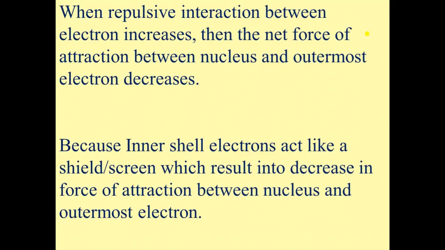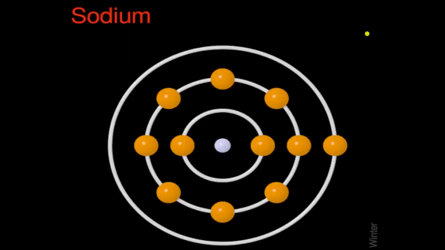When repulsive interaction between electrons increases, then the net force of attraction between nucleus and outermost electron decreases. So if the repulsive force between the electrons increases, it will affect the net force of attraction between nucleus and electron.